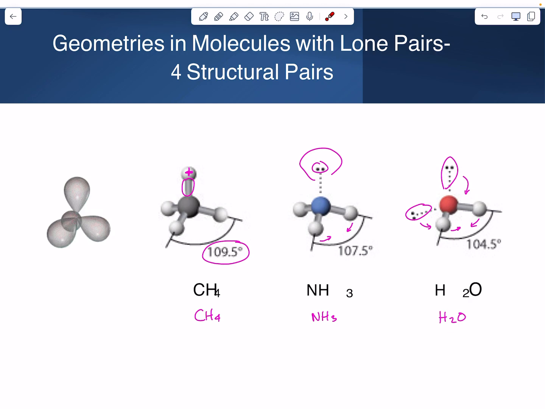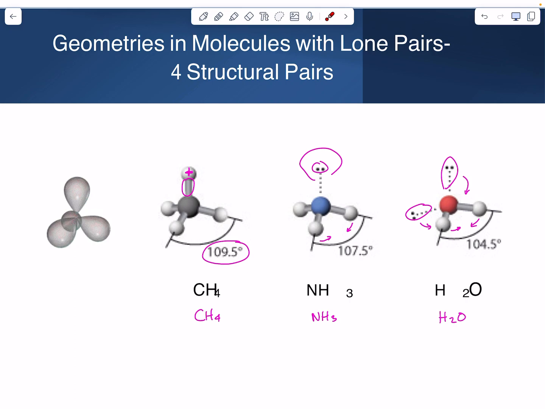If we have 4 things attached to our central atom, like we do in methane, we get what's called tetrahedral geometry. We've got one atom at each corner of a tetrahedron, and the central atom in the center of that tetrahedron. And the bond angles are 109.5 degrees, which is the ideal tetrahedral geometry.